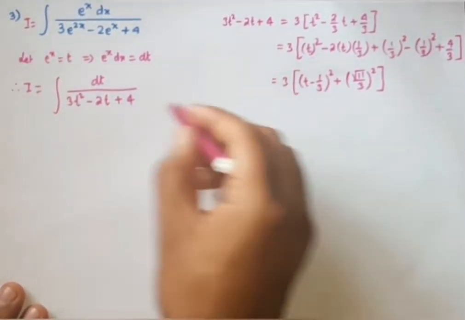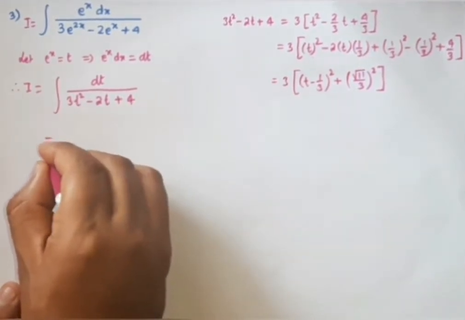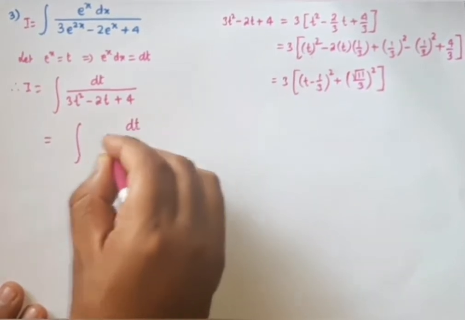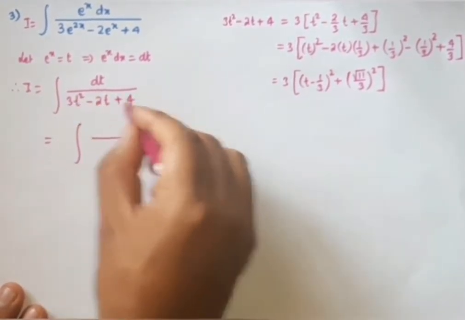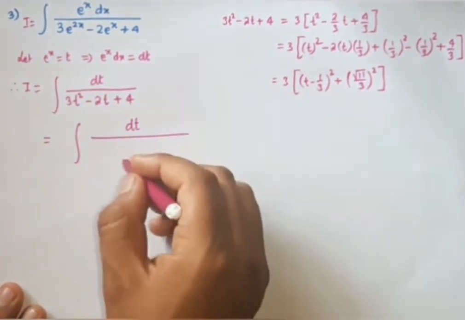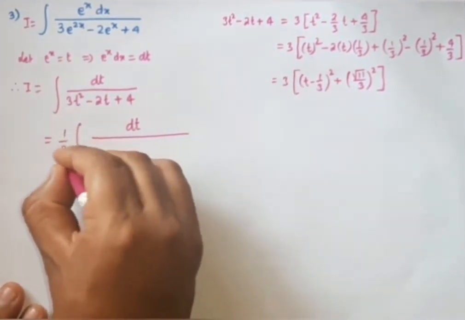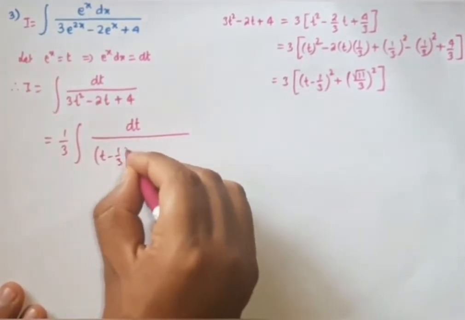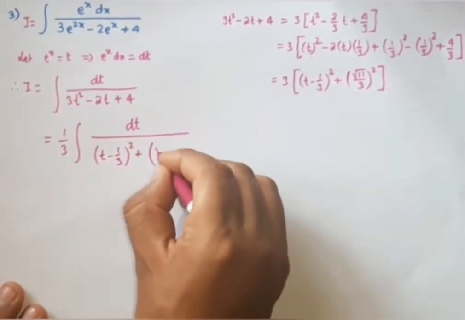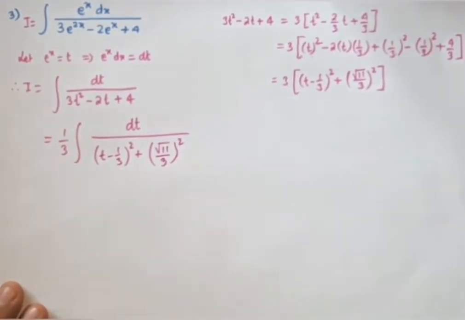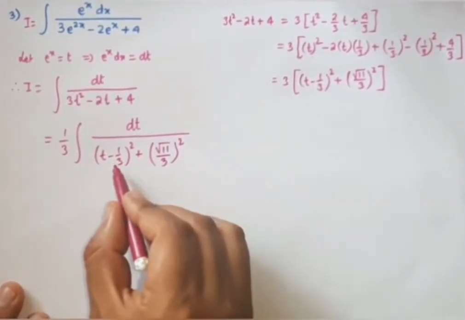Therefore this can be rewritten as integral of dt by, now this full thing can be written this way, so this 3 can be kept outside. So I have 1 by 3, and we have t minus 1 by 3 whole square plus square root of 11 by 3 whole square. Now again I'll do the substitution here.